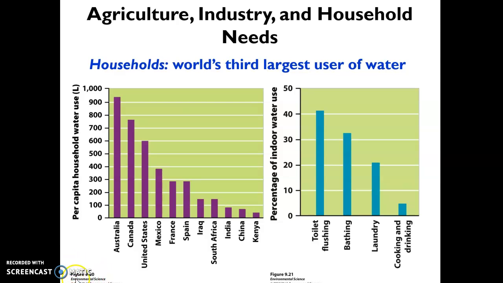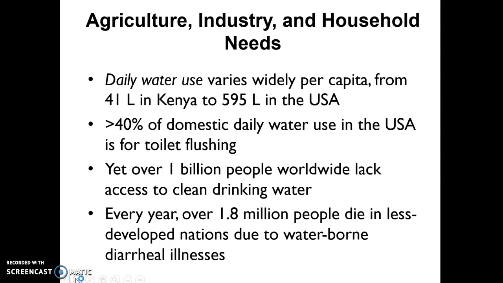Okay, I should have one more slide on this topic. There we go. Just to look at some of the numbers and keep these in mind. These aren't things you need to memorize. Daily water use varies widely per capita, from 41 liters in Kenya to 600 liters in the United States. About 40% of domestic daily water use is for flushing toilets, as I mentioned.